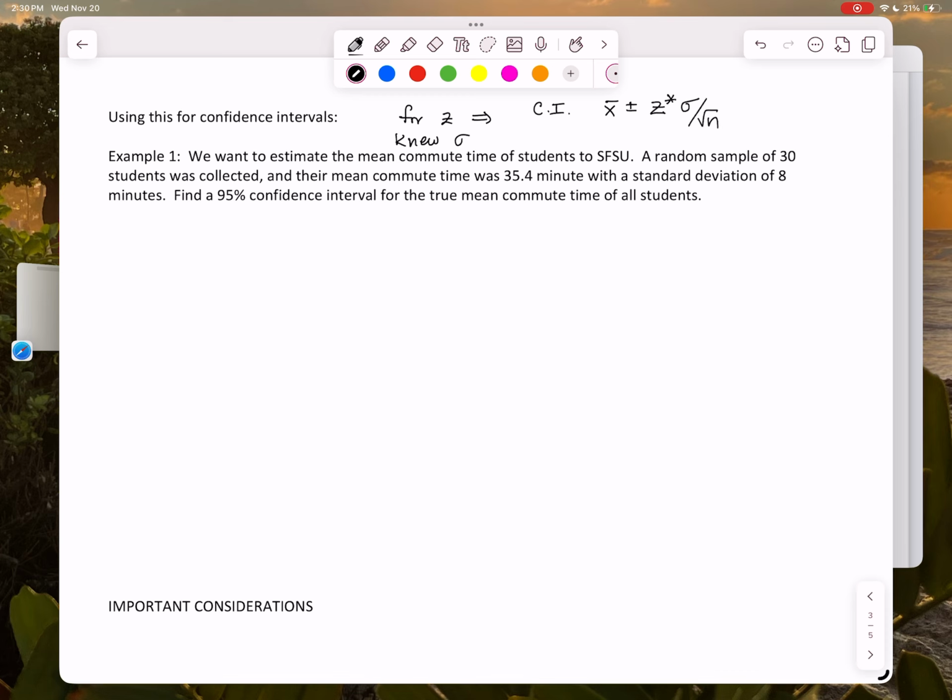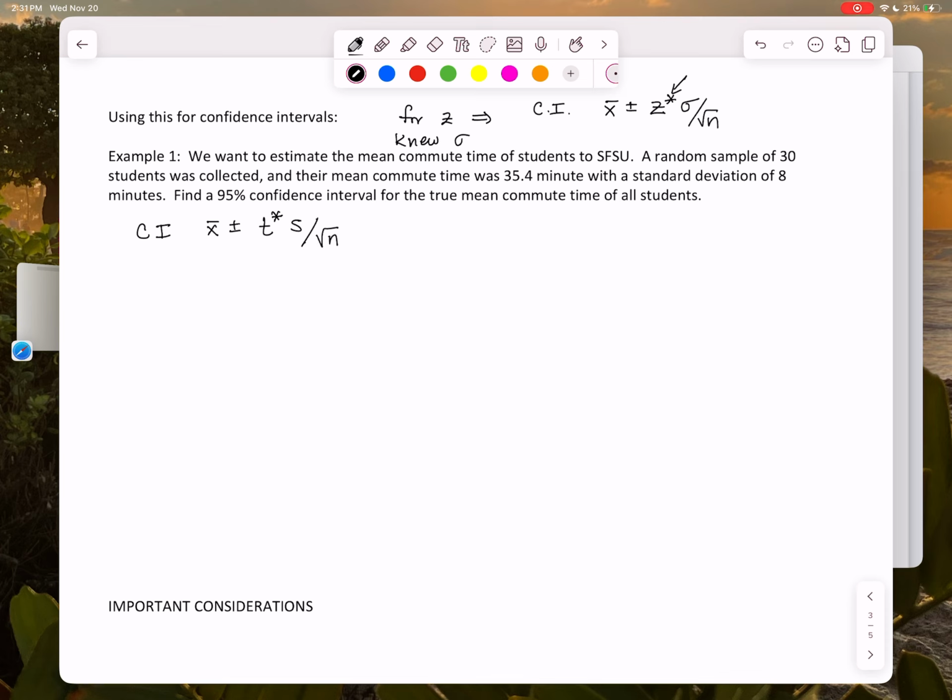And we would use the Z table to find that critical Z. For now, since I'm using S instead, my confidence interval is still going to be x bar plus or minus, but rather than use a Z, I'm going to use the T. I don't know sigma, so I'm going to use the sample standard deviation instead over square root of n.